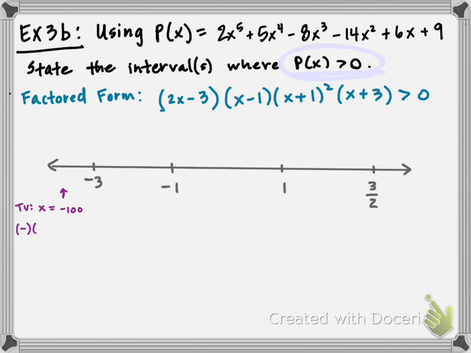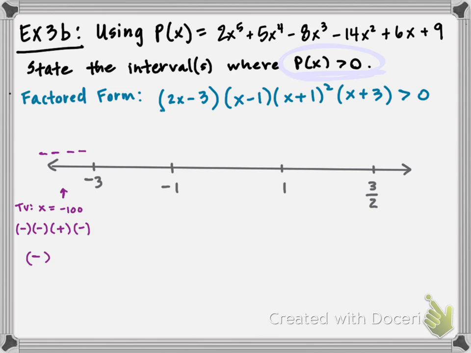Negative 100 minus 1 is also a negative number. Negative 100 plus 1 is negative 99, squared makes a positive number, and then negative 100 plus 3 is a negative number. So what's the product of negative times positive times negative? Well, that's negative. So this is in the negative realm.